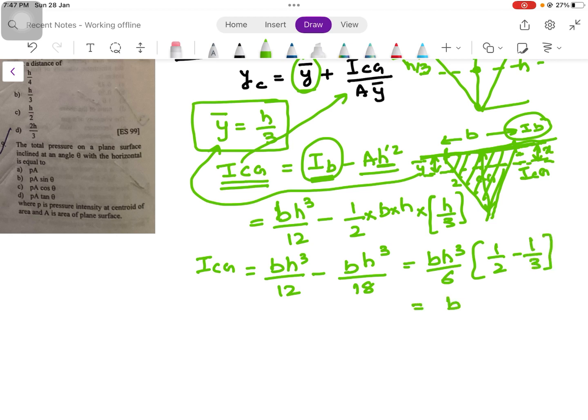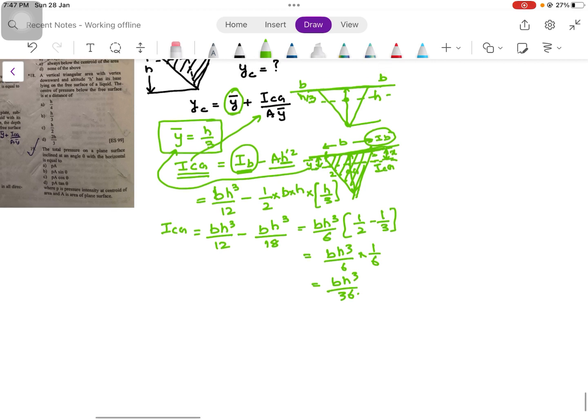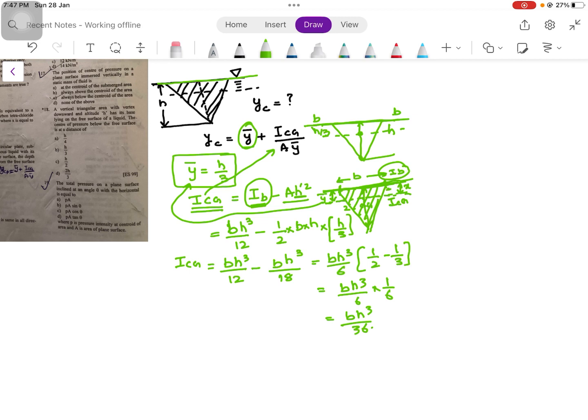So this is bh cube upon 6 times 1 by 6 equals bh cube upon 36. All right, so the key to this solution is knowing the moment of inertia about the base of a triangle.